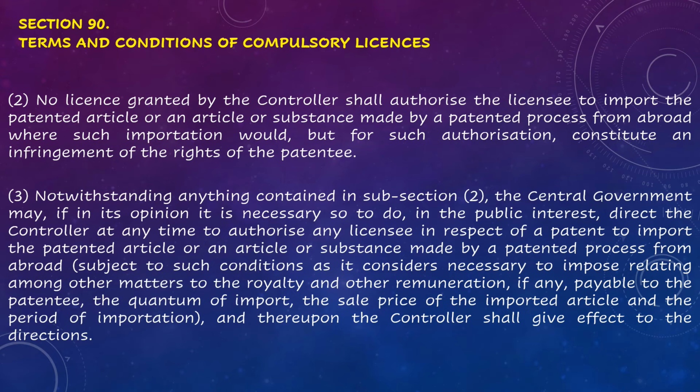Subsection 3. Notwithstanding anything contained in subsection 2, that is, whatever has been mentioned under subsection 2 of this section, the central government may, if in its opinion it is necessary in the public interest, direct the controller at any time to authorize any licensee in respect of the patent to import the patented article or an article or substance made by the patented process from abroad.